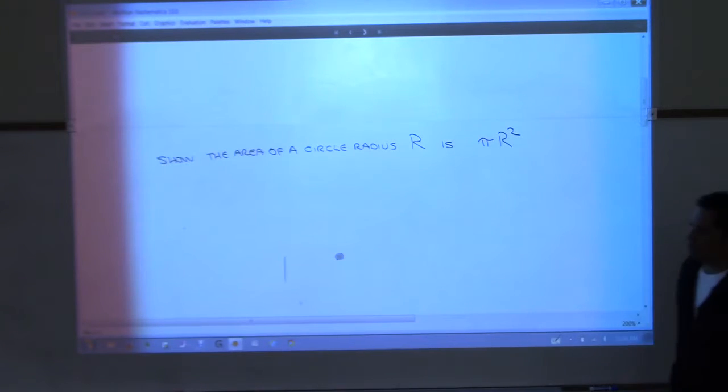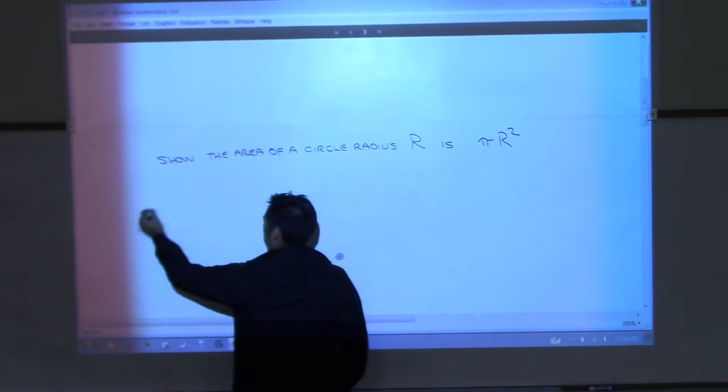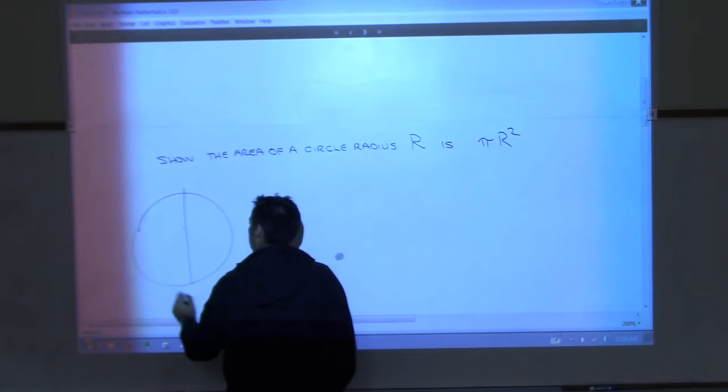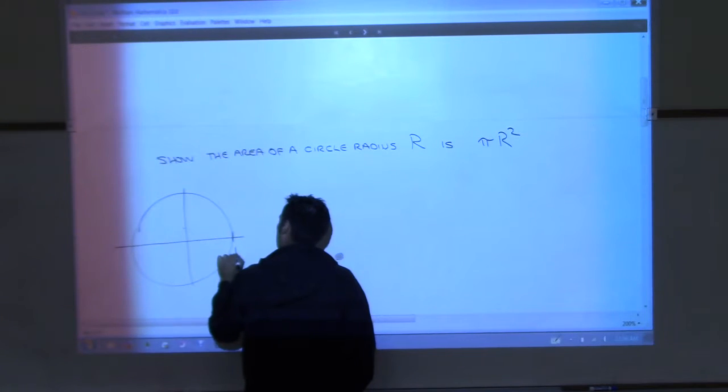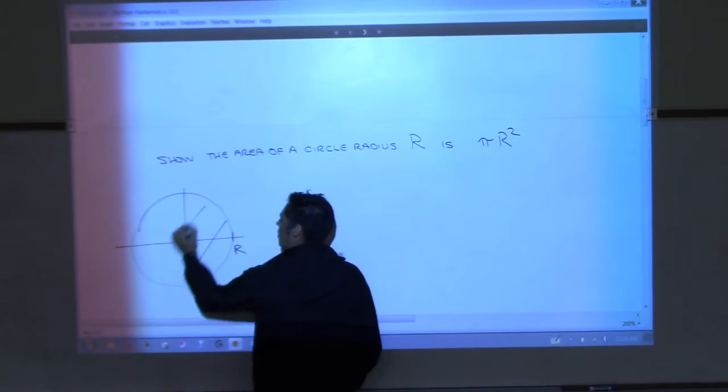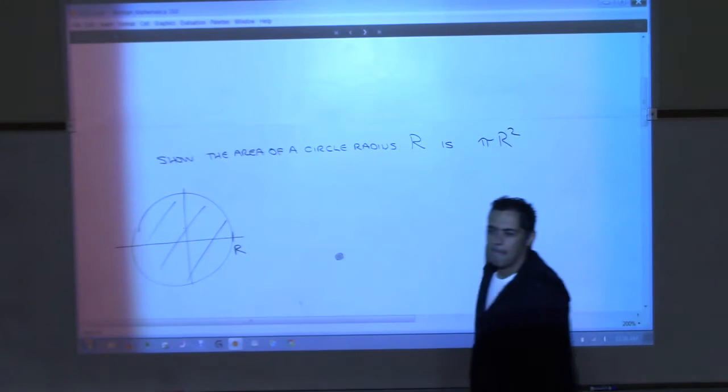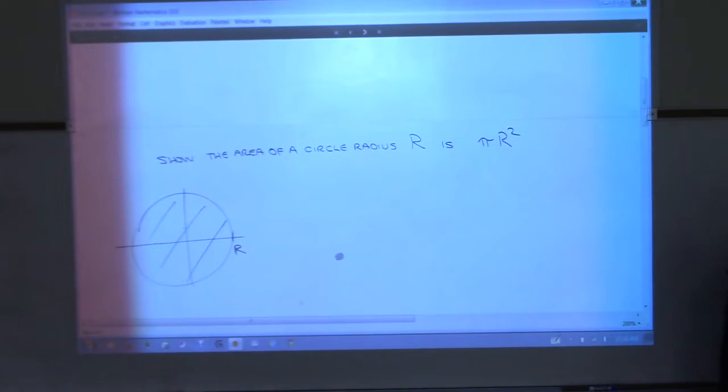Let's draw a circle of radius capital R. We want the area of this, right? What was your name, sir? Justin? You suggested earlier that the area of a region is equal to the double integral of 1.